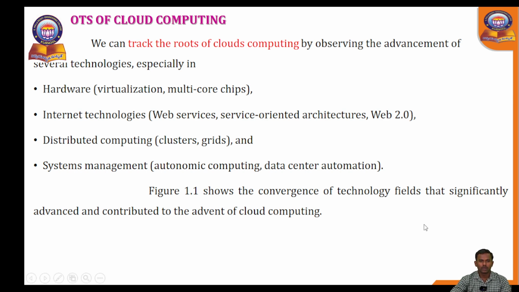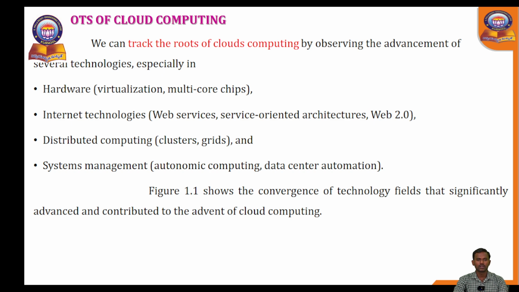So we can track the roots of cloud computing by observing the advancements of several technologies. Especially in hardware related to virtualization and multi-core chips. Next, the second one is internet technologies: web services, service-oriented architecture, Web 2.0.